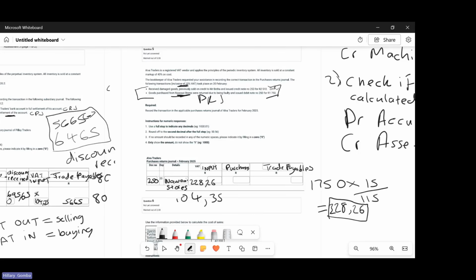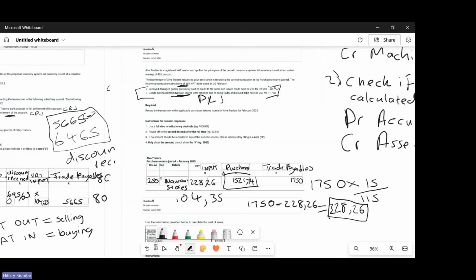And then to get your purchases returns, it will be 1750 minus 228.26, which is 1521.74. That will be your purchases returns amount.